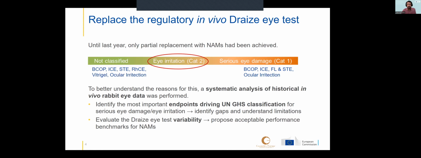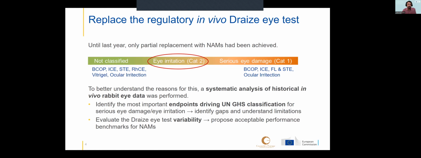So with this work, we wanted to identify possible gaps in the available NAM battery and understand their limitations, and also propose acceptable performance benchmarks for NAMs, in particular, acceptable levels of false negative rates, which would depart from the notion at that time that NAMs should produce no false negatives at all.